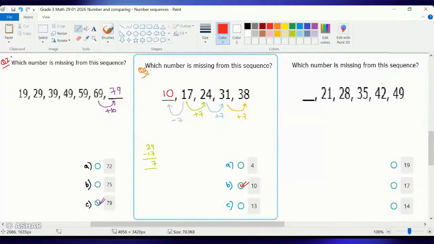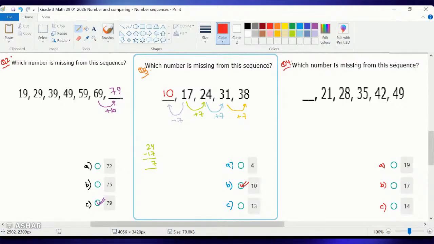This is our question number 4. So we have these options, option A, option B, and option C. Okay, Baroque, let's do this. Baroque, what is the answer for this question number 4?